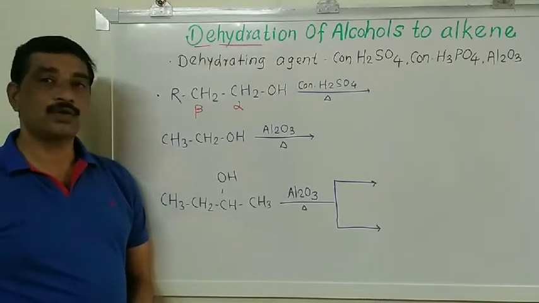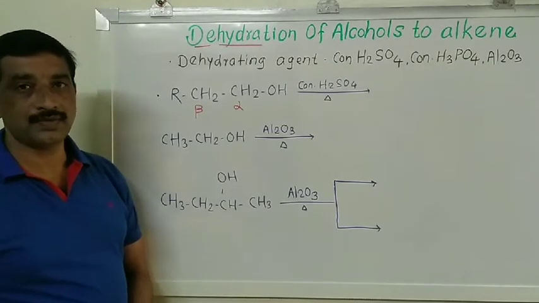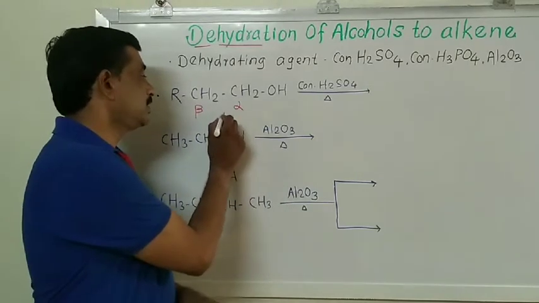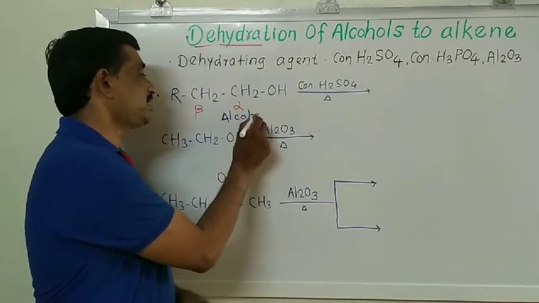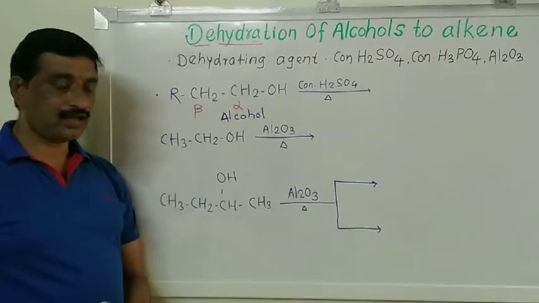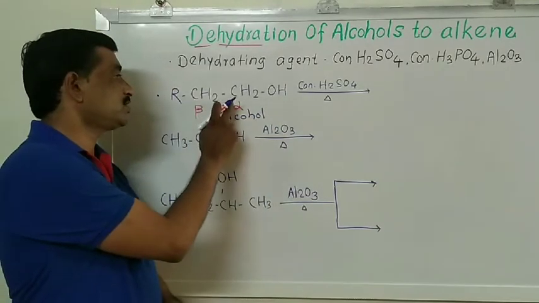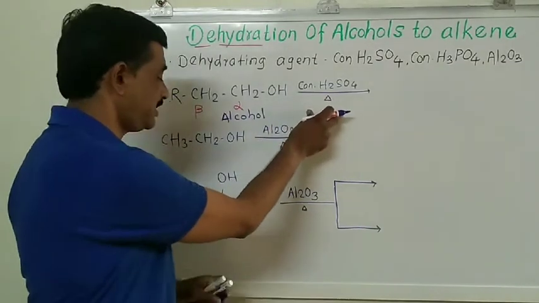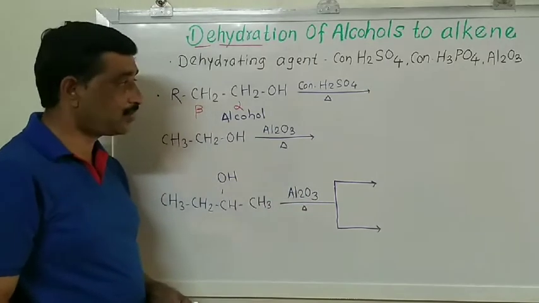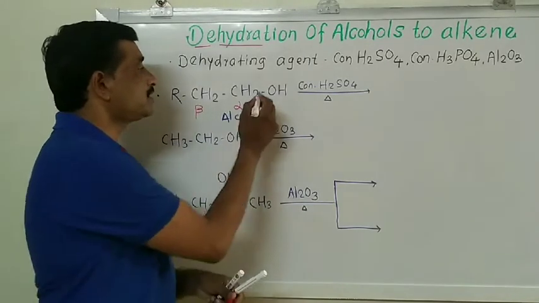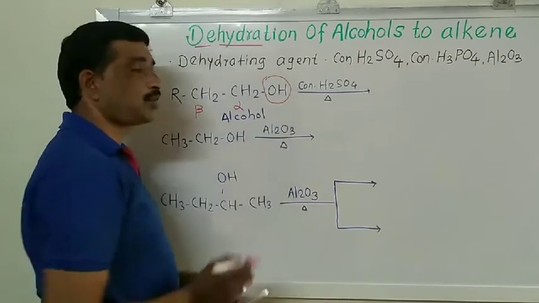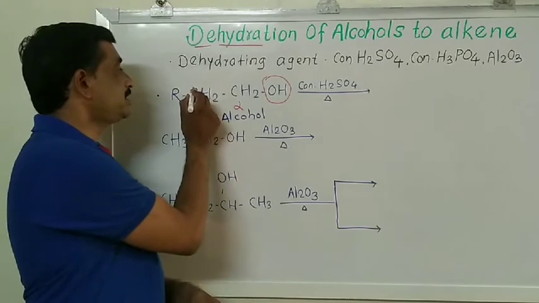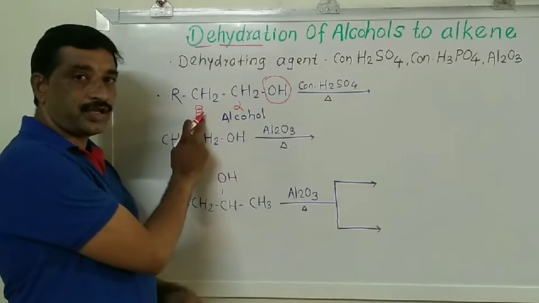So let us see how the dehydration of alcohols takes place in general. So this is the alcohol. Alcohols are generally represented as ROH. They can also be represented as RCH2CH2OH. When alcohols are heated with concentrated sulfuric acid, then as I told earlier, the OH group is removed from the carbon atom to which it is attached, and a hydrogen atom is removed from the beta carbon atom.